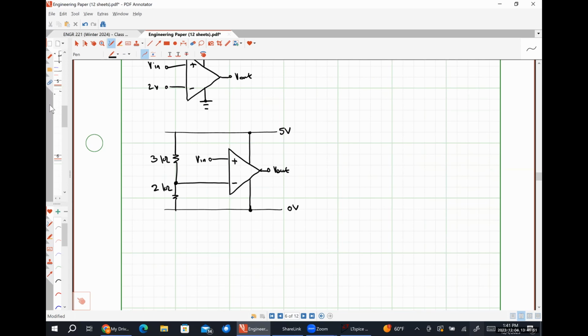So for part A, it's literally this exact graph, except that it hits its maximum value at plus 18 and its minimum at negative 18. So literally redraw this graph and change the scale. For part B, it's the exact same thing, except now we have different supply voltages. So we are going to have saturation distortion.